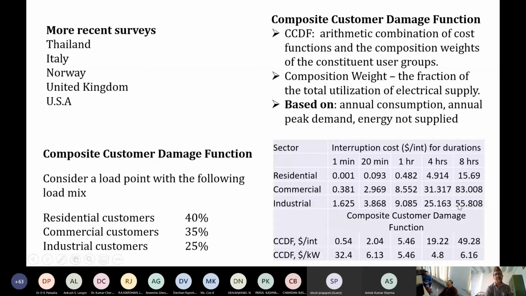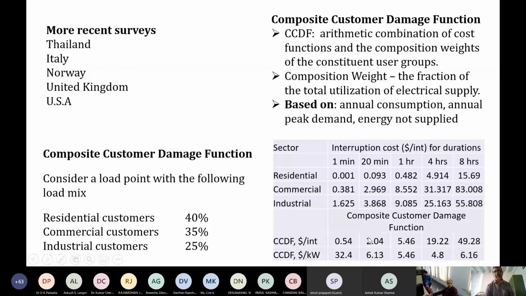And now composite customer damage function, we'll find out based on this. Here is the composite customer damage function as dollar per interruption, and this is dollar per kilowatt.